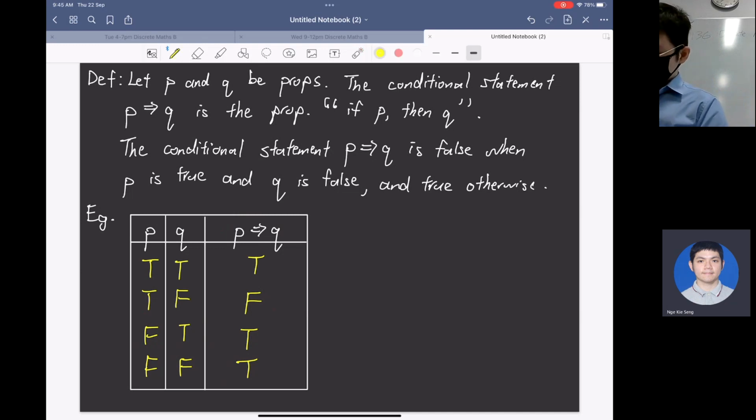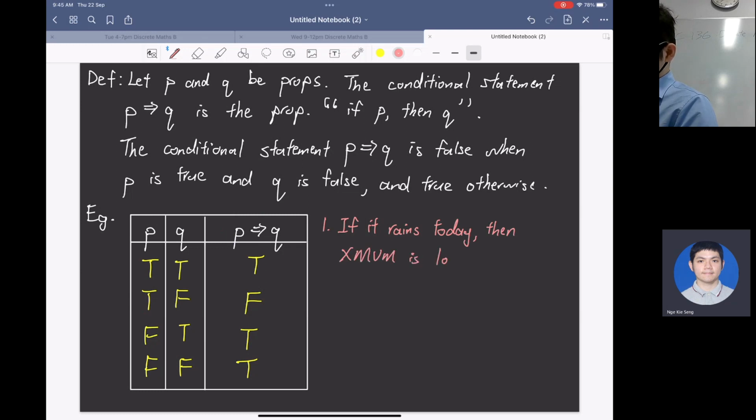Any questions? No? Okay, give an example. If it rains today, oh, this example I already gave. If it rains today, then the university is located in Japan.